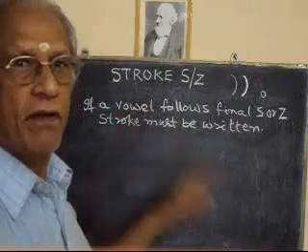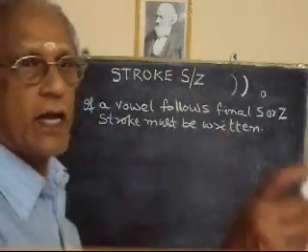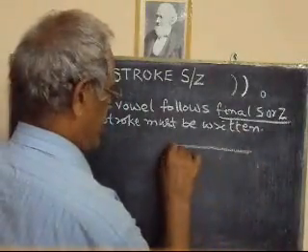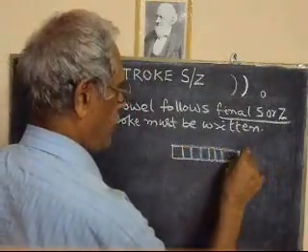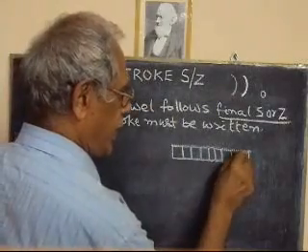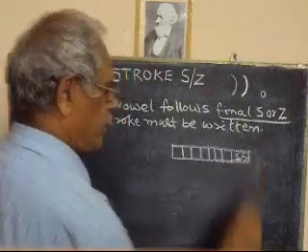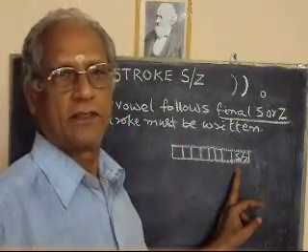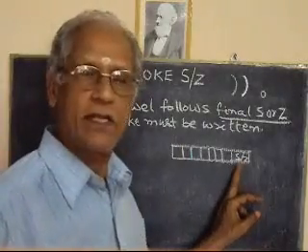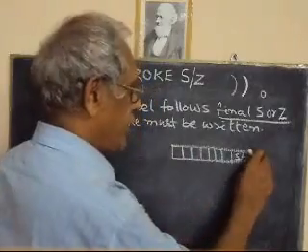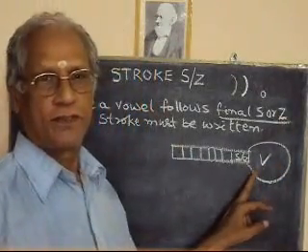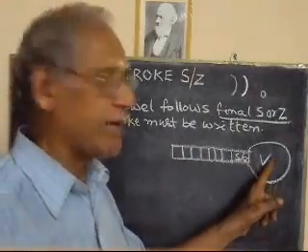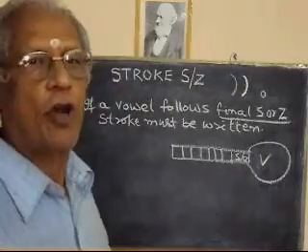Next rule. If a vowel follows final S or Z, the stroke must be written. That means the word must end with S or Z. The consonant S or Z, if a vowel follows, is called final S or Z. If a vowel follows final S or Z, the stroke must be written.